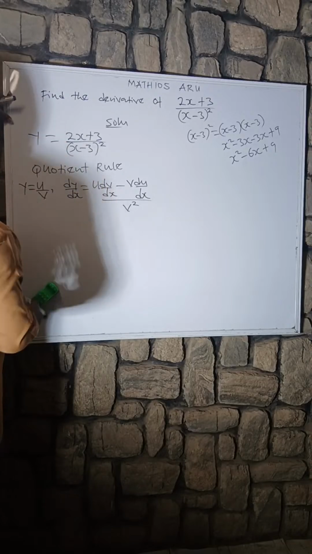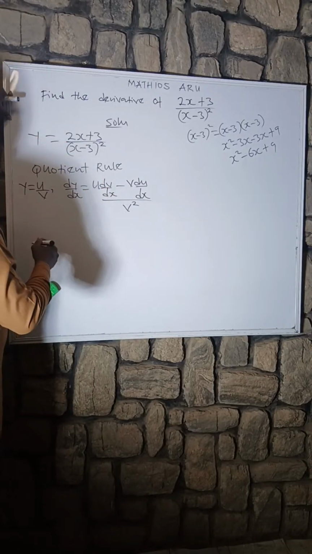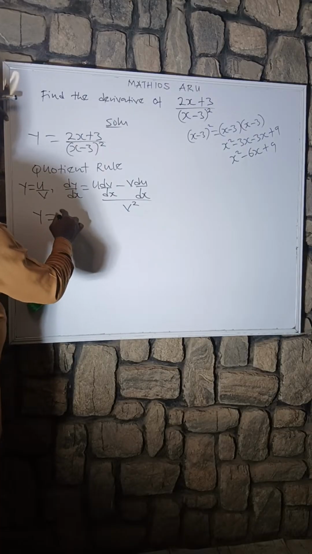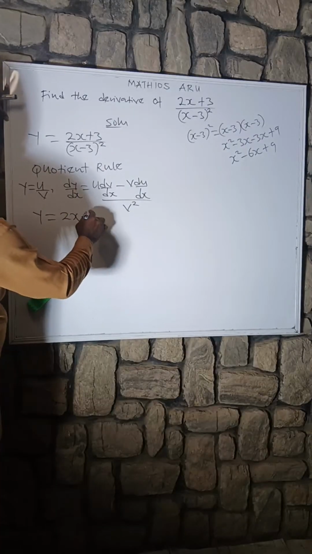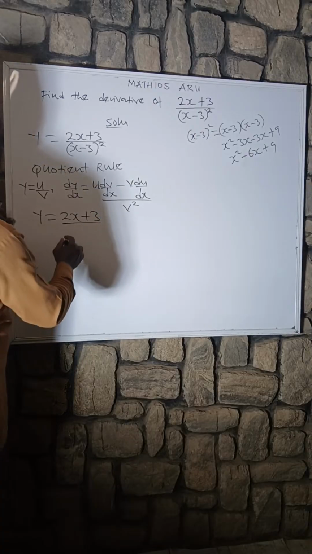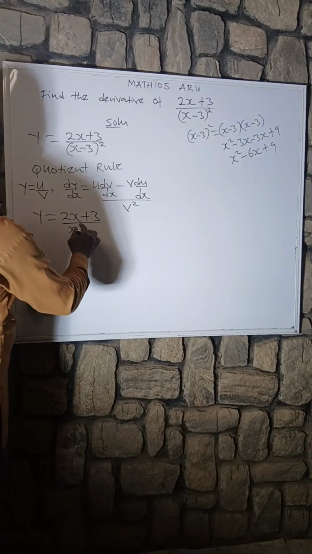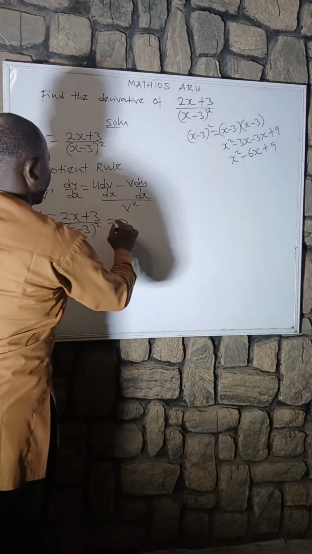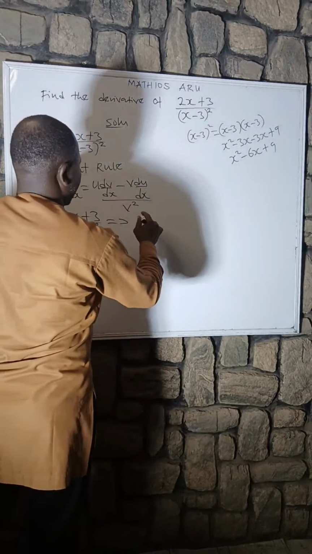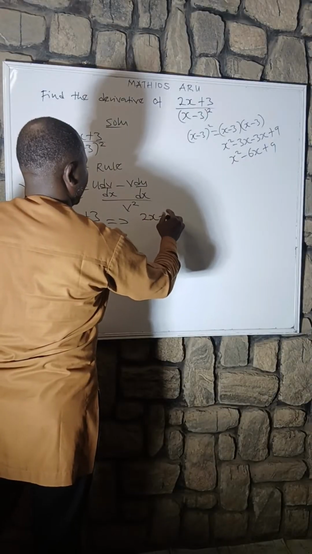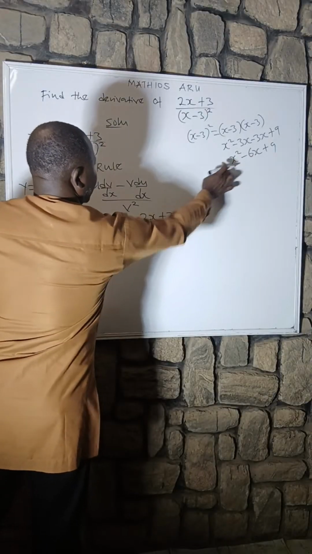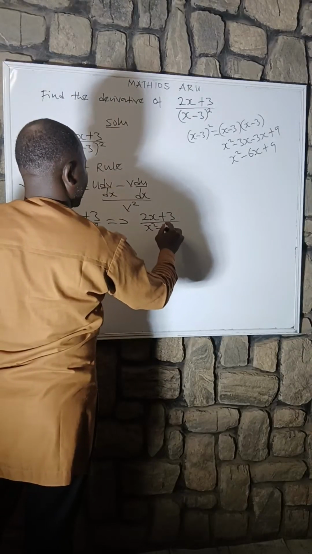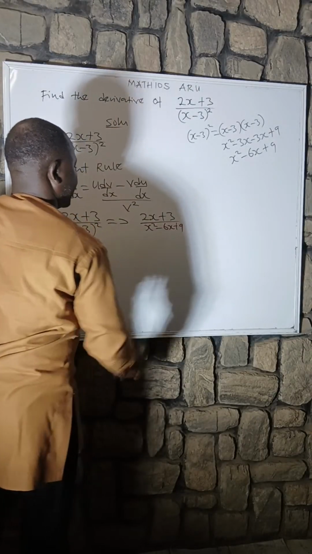Our y equals (2x plus 3 all over x minus 3) all in square, which is the same thing as 2x plus 3 all over the denominator, which is x squared minus 6x plus 9.